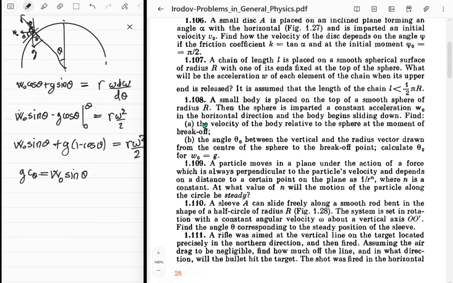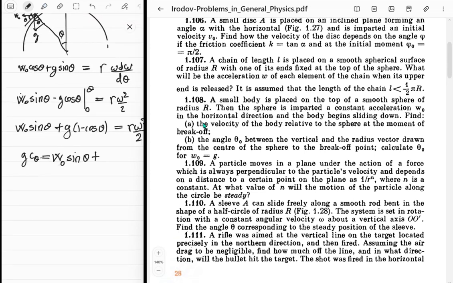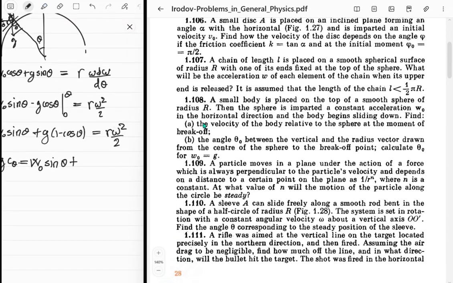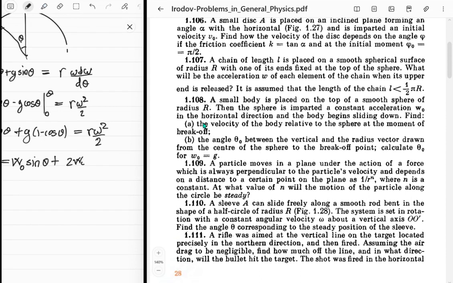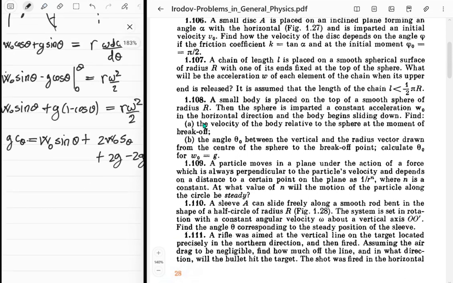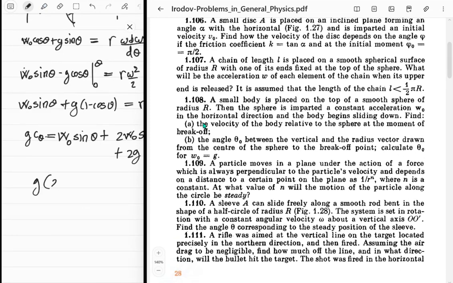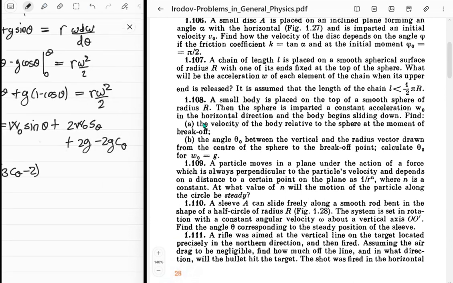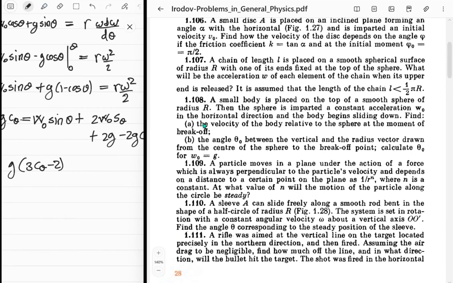Or you can say this is equal to this plus r omega naught squared. Now that goes over here and becomes 2 omega naught sine theta plus 2g minus 2g cosine theta. That should do it. That goes over here, so g times (3 cosine theta minus 2) is equal to 3 omega naught sine theta. Wait a second. Okay, let's continue. Sorry.